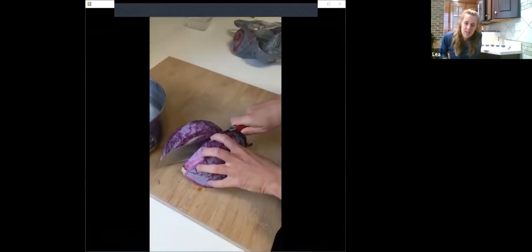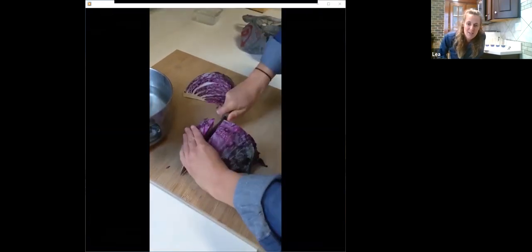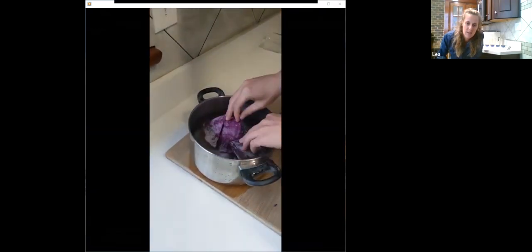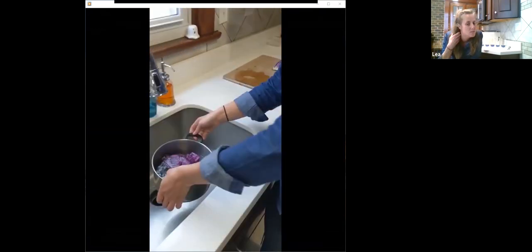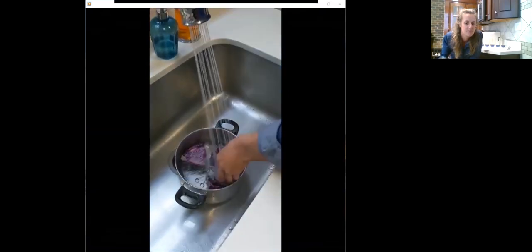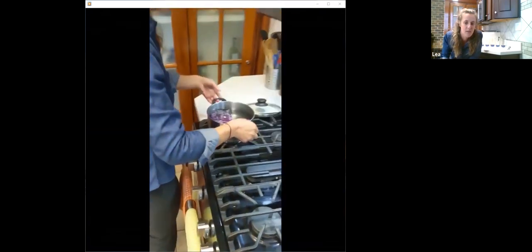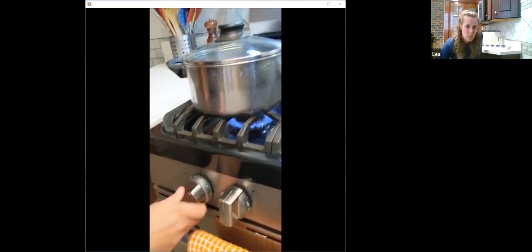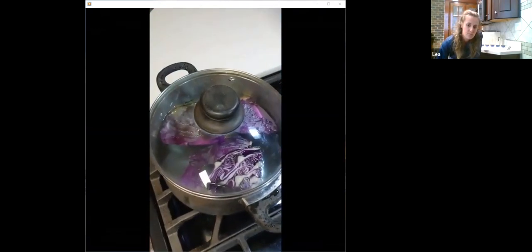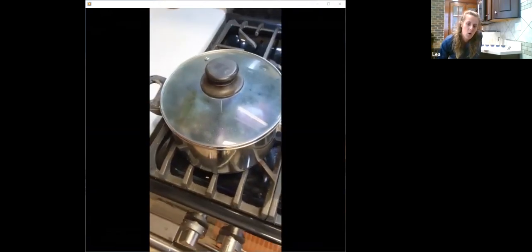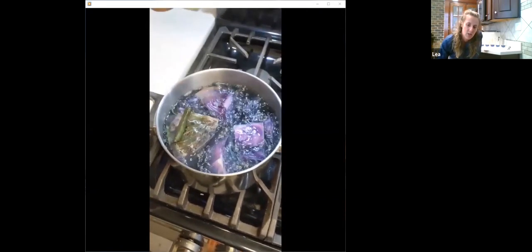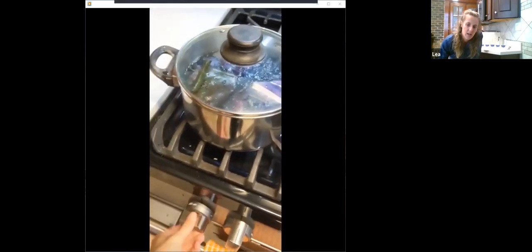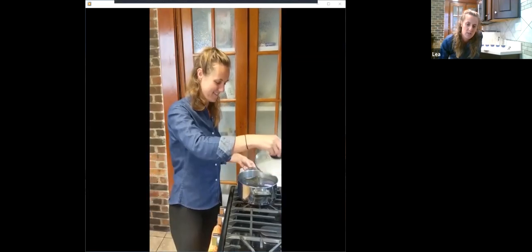All right, the first thing you're going to do is chop up your cabbage loosely. Stick it in a pot of water, make sure it's full. Stick it on the stove and bring it to a boil. Once your cabbage is boiling, you're going to turn off the heat and let it marinate and sit there for a while until it cools off.